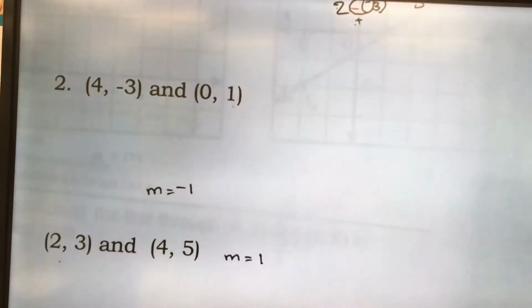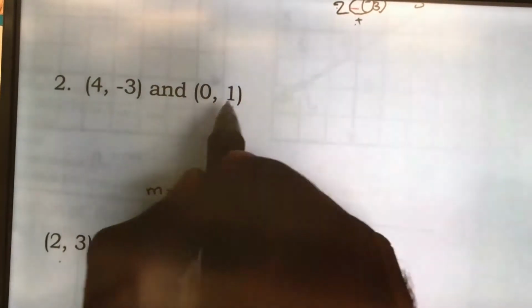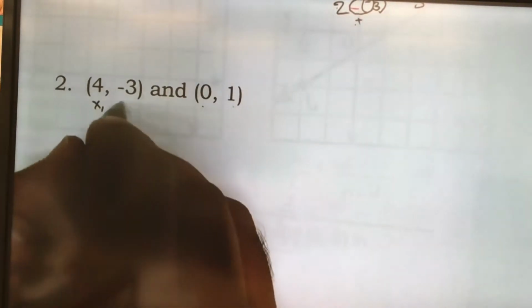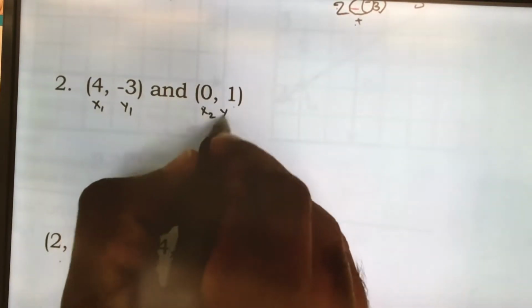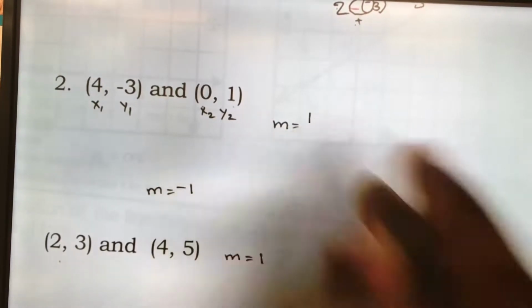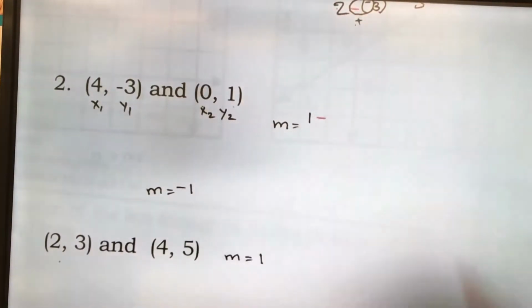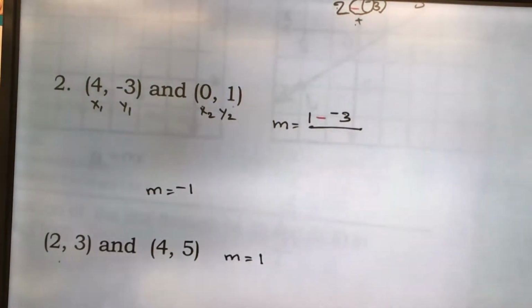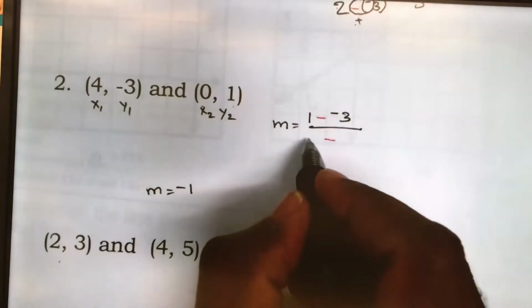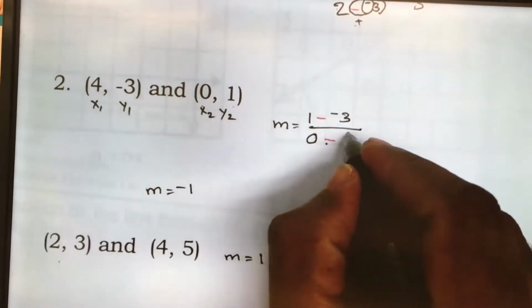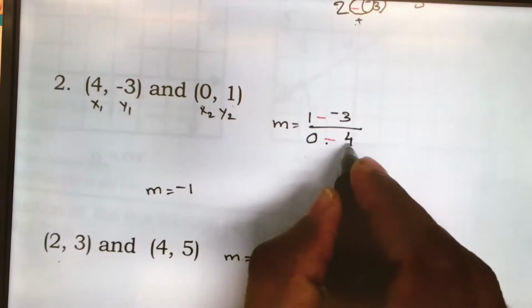If you want to see how to do that work, I had to apply the same formula. I am going to take this as x1 and y1, and this as x2 and y2. So y2 is 1 minus y1 is -3, over x2 is 0, minus x1 (the minus is part of that formula), so x1 is 4.